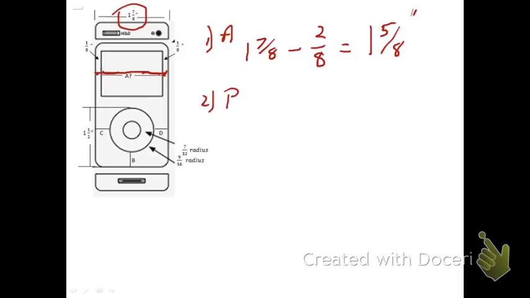All right, let's go down here. Second, let's find B. Well, let's see what we have here. In this big circle, I'm told that the radius is 9/16 of an inch. So if I go from the center here down to B, or up to the top of the circle, I've got 2 9/16 of an inch.